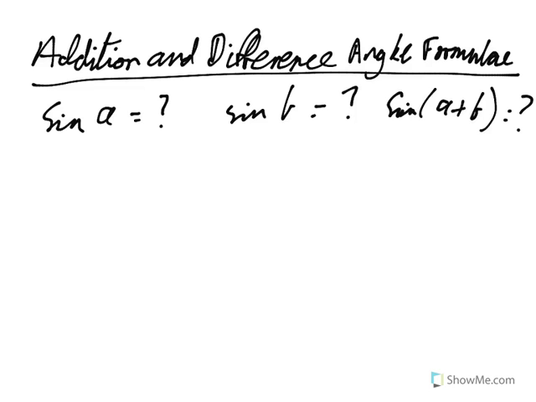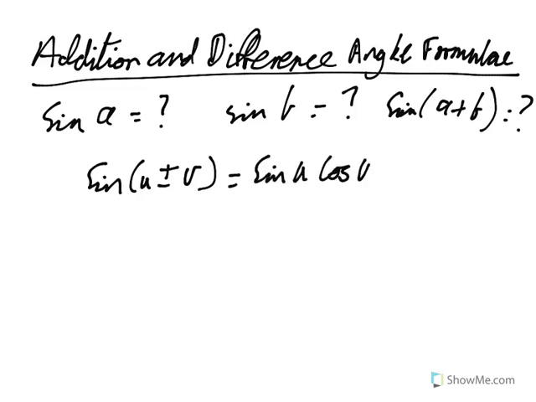So there are, obviously, formulas for sine, cos and tan. For the sine one, sine of u plus or minus v equals sine u cos v plus cos u sine v.